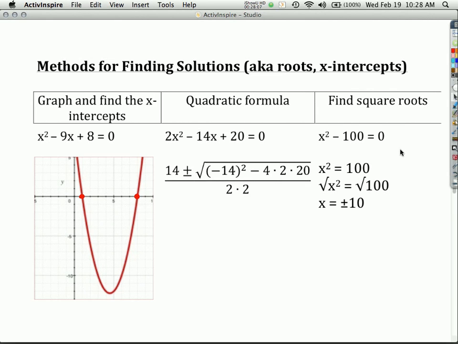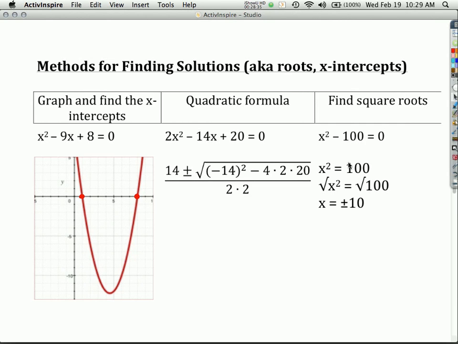And lastly, in the future, you're going to learn how to use square roots to find solutions. When you take the square root of a number, you end up with two different possibilities, and those are also the solutions to the equation. So here are three methods for finding solutions that you're not learning yet. I'm teaching you the method called factored form. Okay?